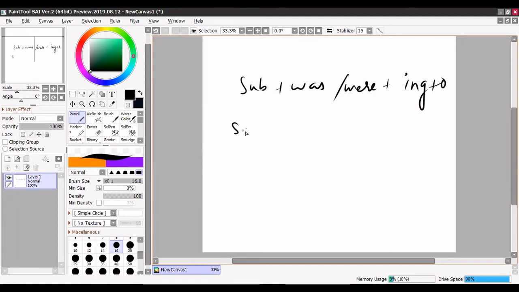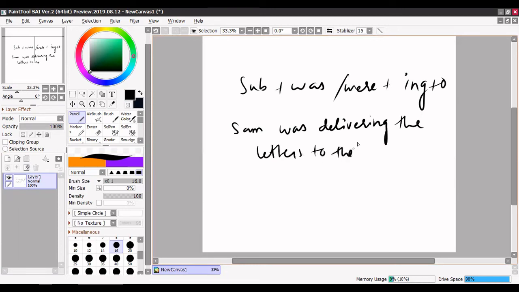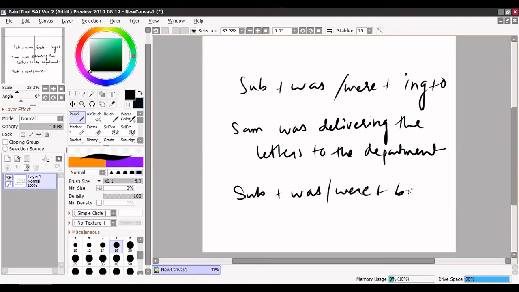In passive voice the formula becomes subject plus was, were plus being plus third form of verb plus object, and it changes into: the letters were being delivered to the department.